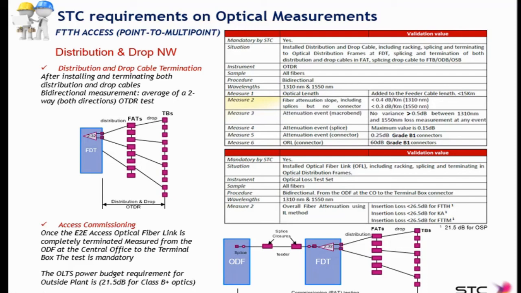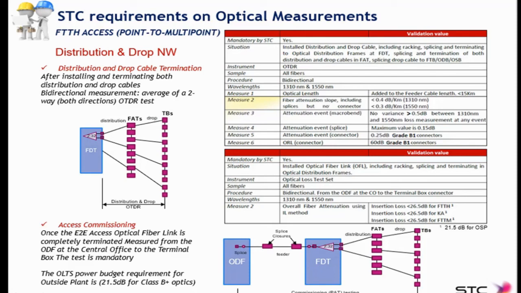The fiber slope has to be between 0.4 and 0.3 for 1310 and 1550. No variance higher than half a dB between the traces at 1310 and 1550 at any event, to prevent macrobends. The splices 0.15 dBs, connectors grade B, exactly the same.